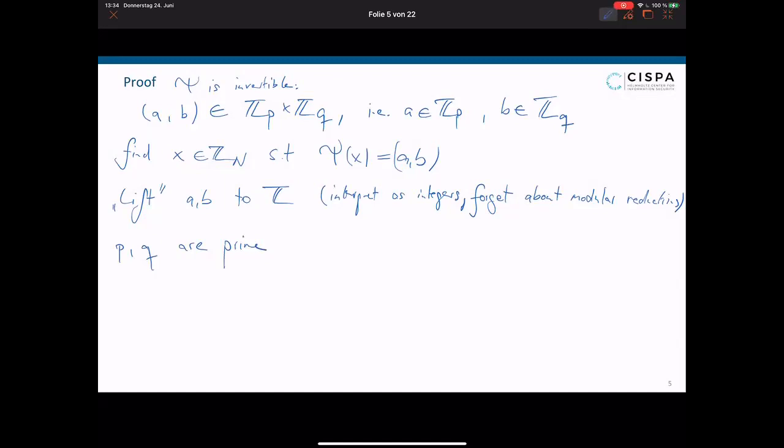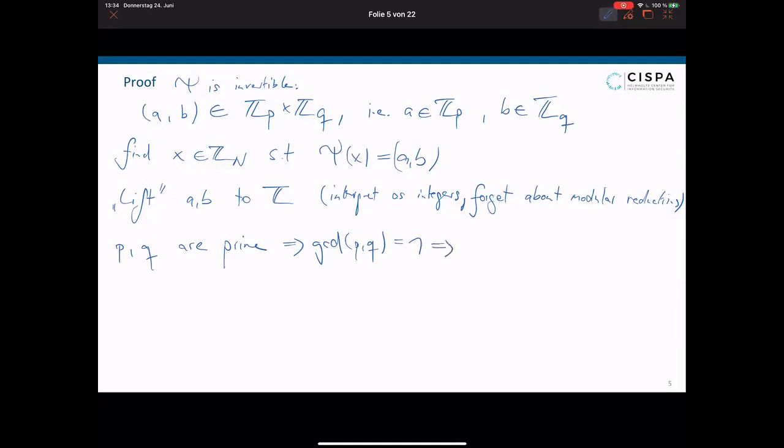What does that mean about the GCD of P and Q? It's 1. Yes, someone wrote it's 1. That means GCD of P comma Q equals 1, right?